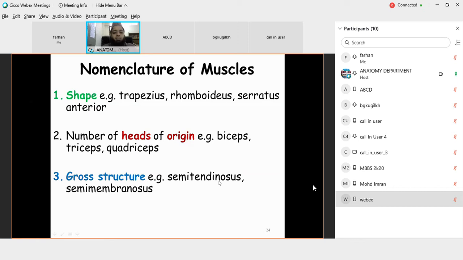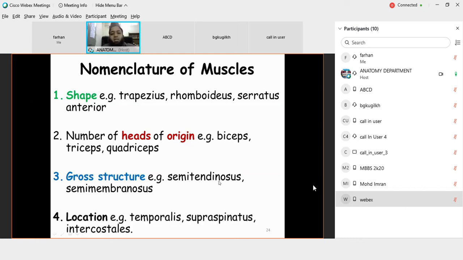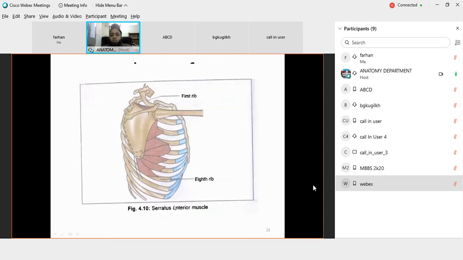Then partially it can be membranous muscle. That's called as semimembranosus. And location-wise, it can be temporalis, supraspinatus, and then can be intercostalis. Supraspinatus above the spine, and intercostalis means in the thorax region between the intercostal spaces.